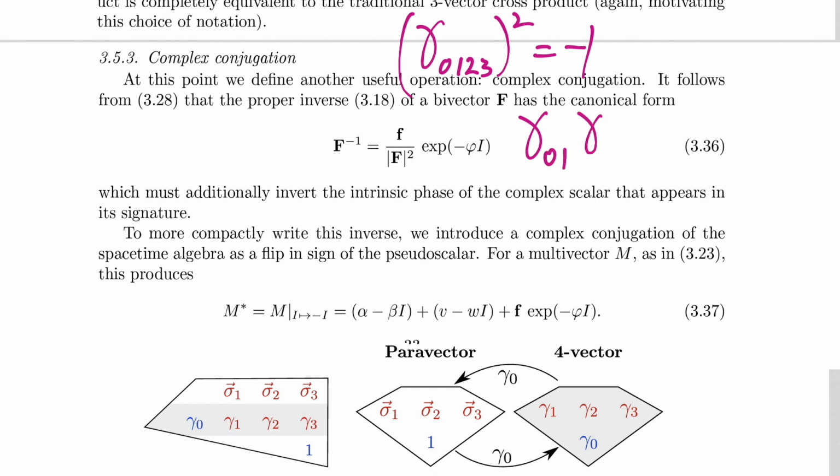If you take gamma 0, 1 times gamma 0, 1, you'll pick up a minus sign, you'll get gamma 1, 0, 0, 1. Then you associate the zeros and you square the 1 and you end up with +1. So here's something that squares to positive 1 that's not 1. Gamma 0, 1 is a bivector, but it squares to positive 1.